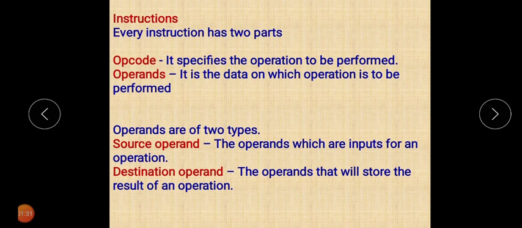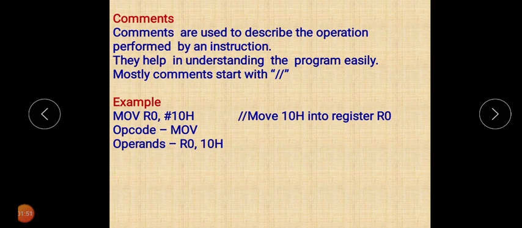Operands again are of two types, source operand and destination operand. Operands which are inputs for an operation are called source operands, and destination operands are the operands where the result of an operation is stored.